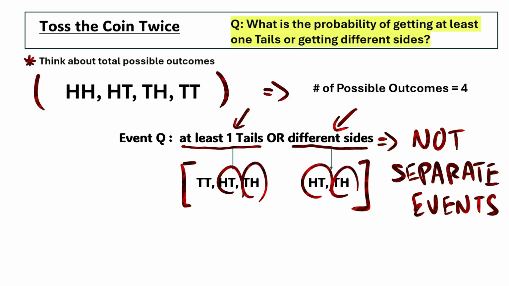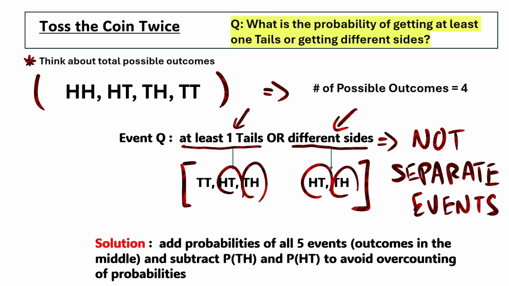And since they're not separate events, we cannot simply add the probabilities of the 5 outcomes that you see in the middle. So I guess there are a couple of ways to solve this question, but one solution is to simply add the probabilities of all 5 events or outcomes in the middle that you see, and you're simply going to subtract P of TH and P of HT to avoid overcounting of probabilities.